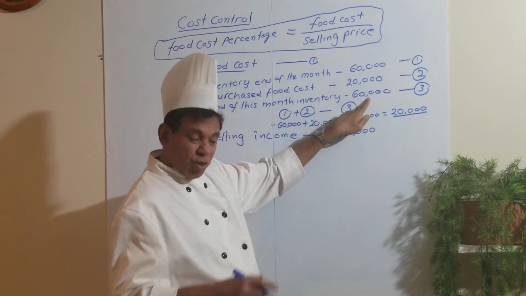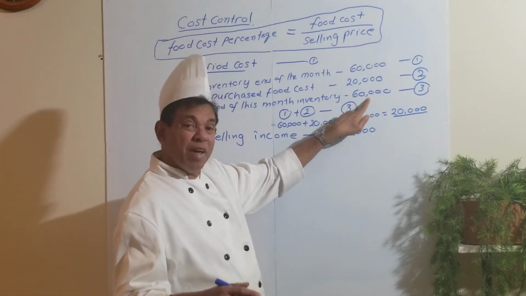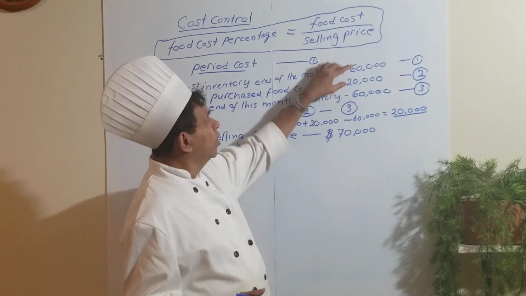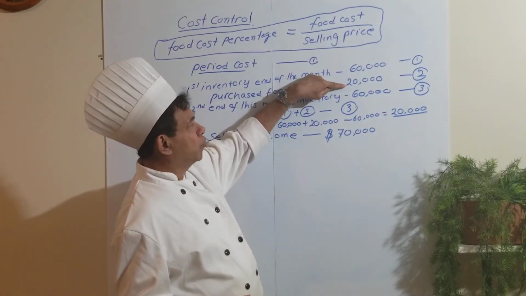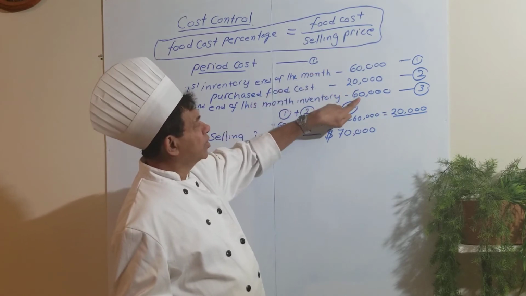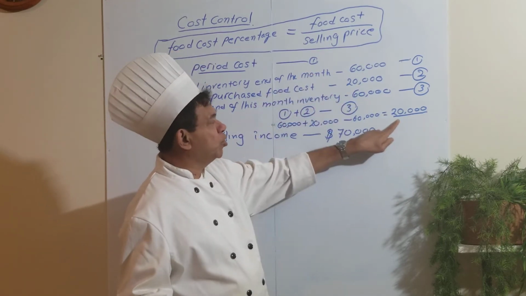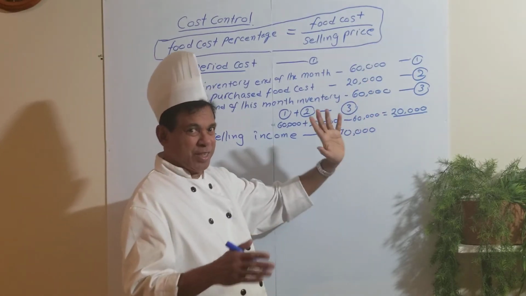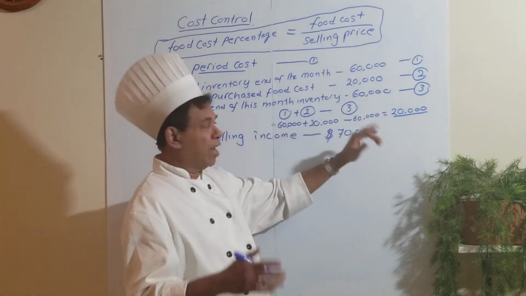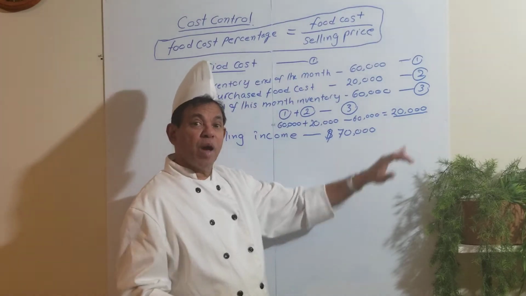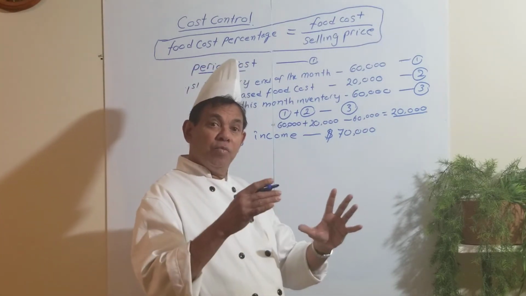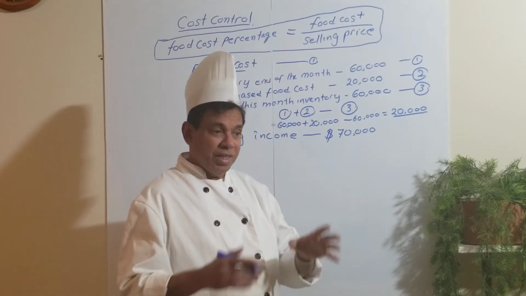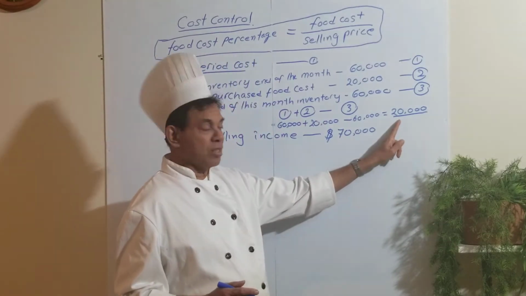Then at the end of this month, my inventory is 60,000. How is the food cost calculated? The first inventory plus food cost minus the end inventory came to 20,000. This 20,000 is not the same as the other 20,000, even though it is the same number, but don't complicate it. This 20,000 is my present food cost which I got from the storage. That food cost is 20,000.